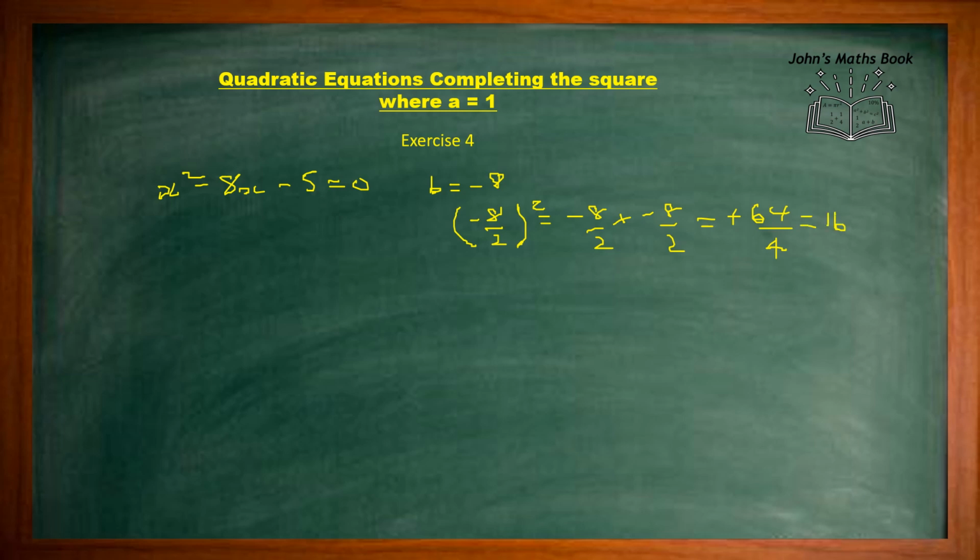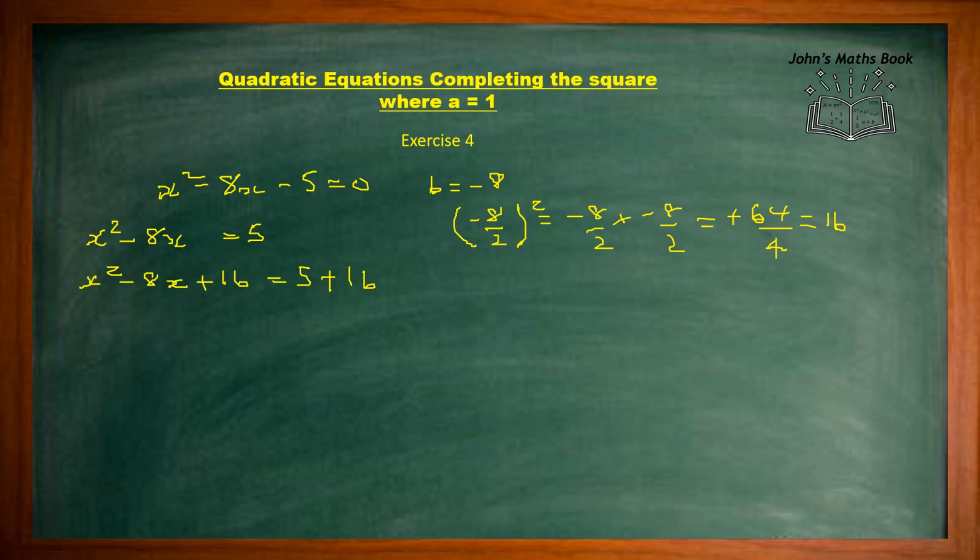So now if we rewrite our quadratic equation, taking the constant value over to the right, we get x squared minus 8x is equal to 5. We add the value of 16 to both sides. So x squared minus 8x plus 16 is equal to 5 plus 16.